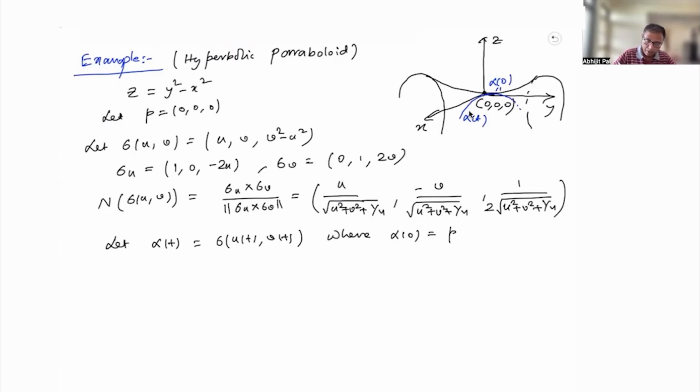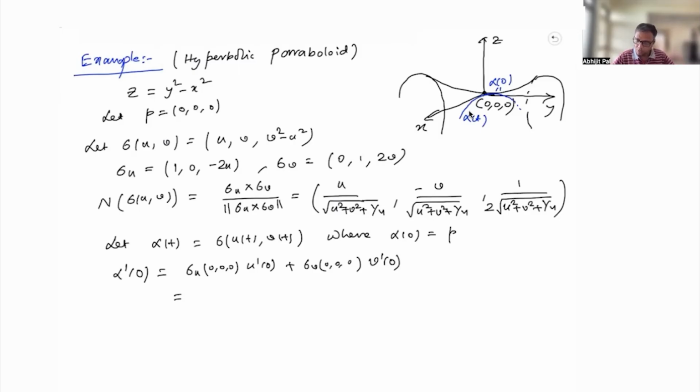Okay. So now, what will be the tangent vector alpha prime 0? Alpha prime 0 is equal to sigma u evaluated at the origin times u prime 0 plus sigma v at the origin times v prime 0.